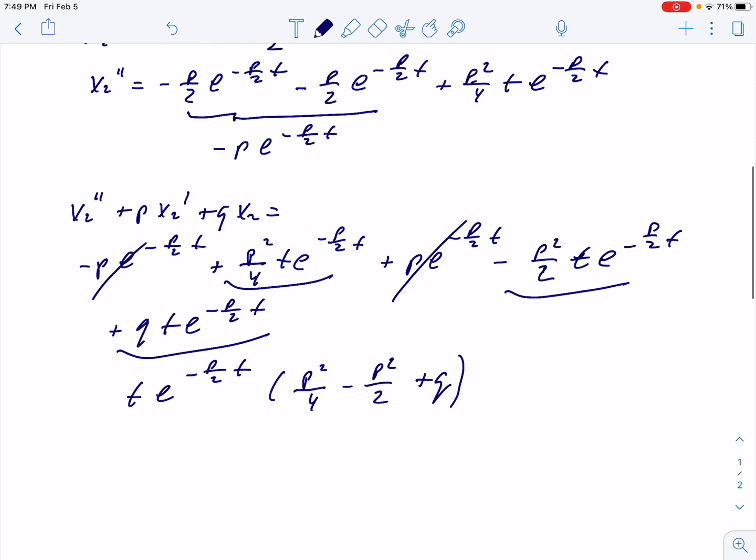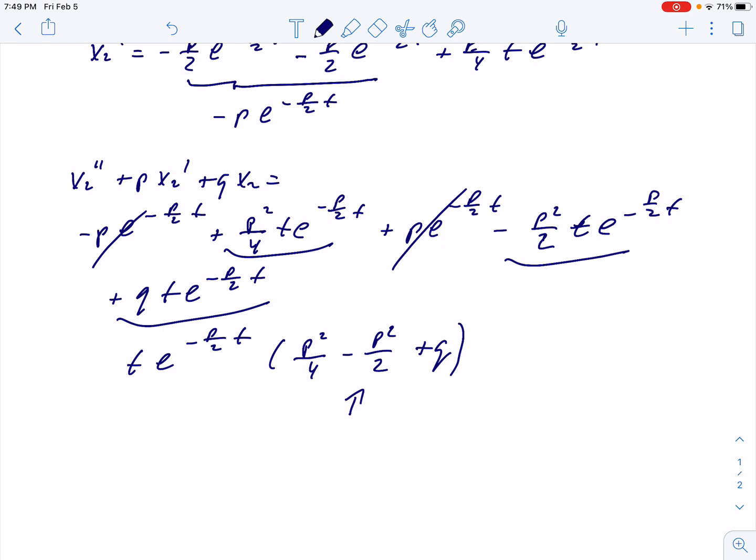Now we do a common denominator, which obviously will be 4. So there will be t exponential minus p over 2t, p squared over 4 minus 2p squared over 4, multiplied top and bottom by 2, and here multiplied top and bottom by 4.